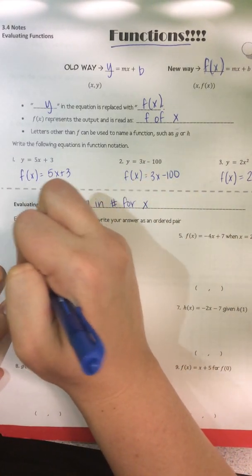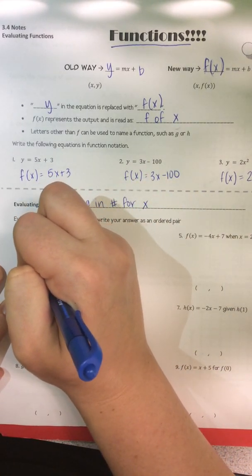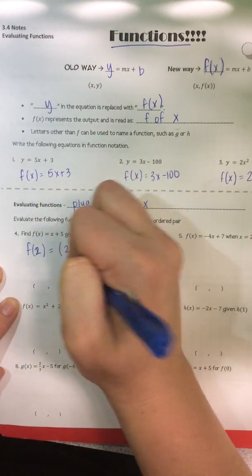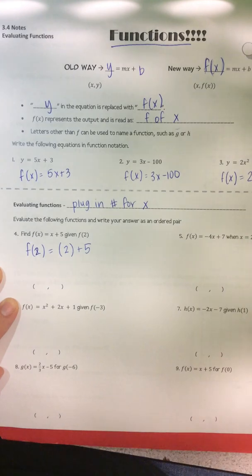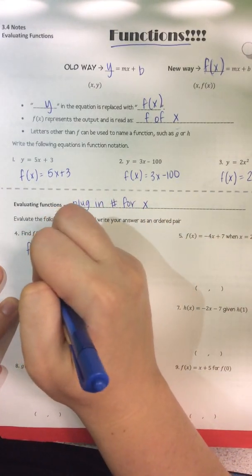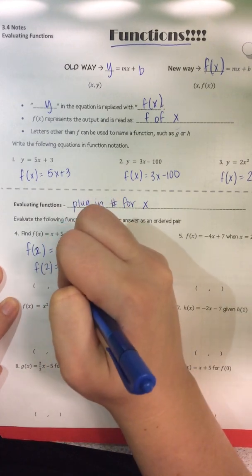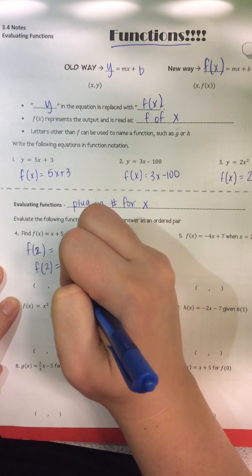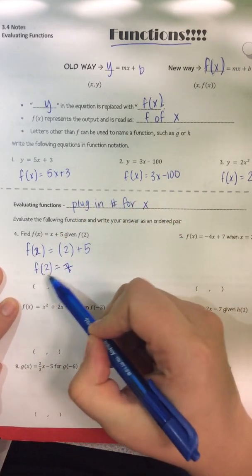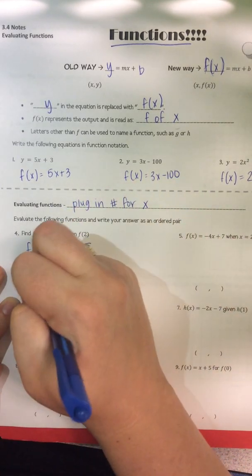So I'm going to replace f of x with f of 2, and then everywhere there's an x, I'm going to put a 2 in parentheses. So 2 plus 5 is 7. So where x is 2, f is 7. So my point for that is going to be 2 comma 7.